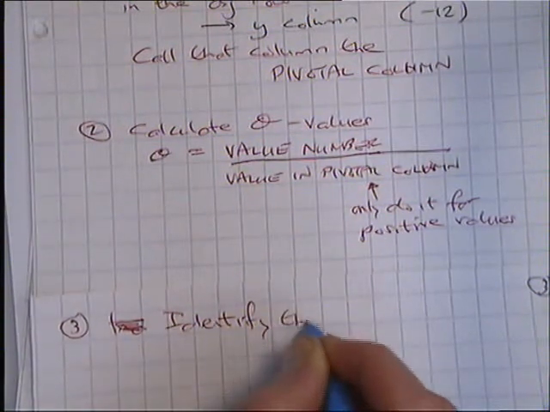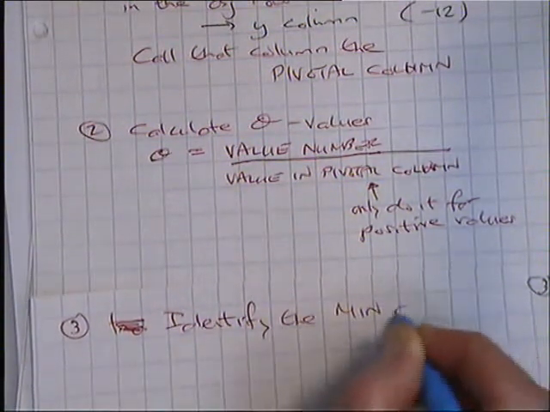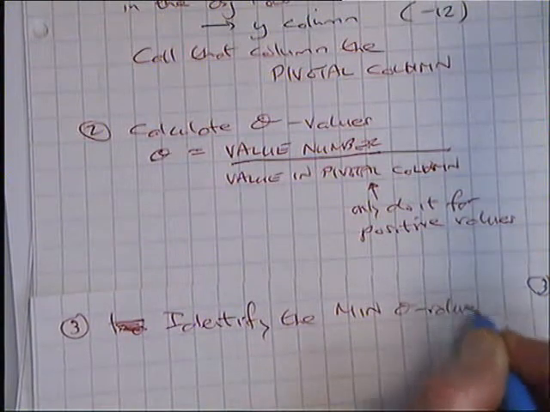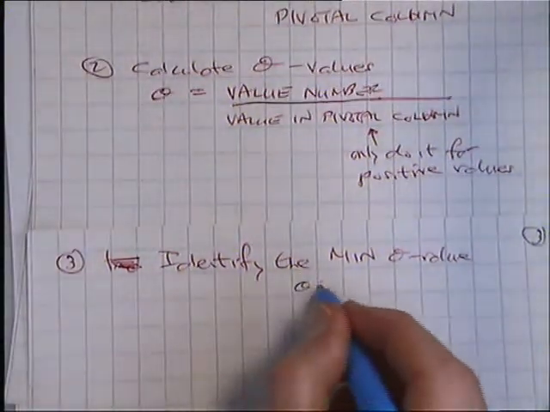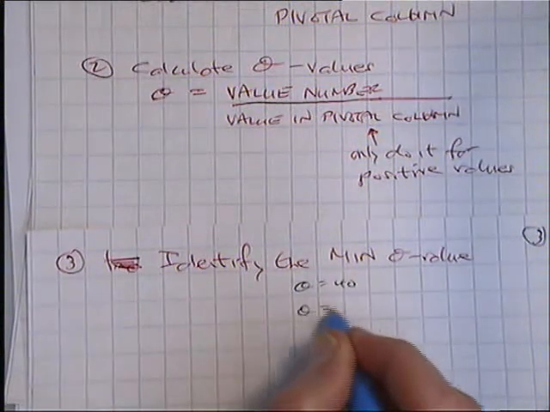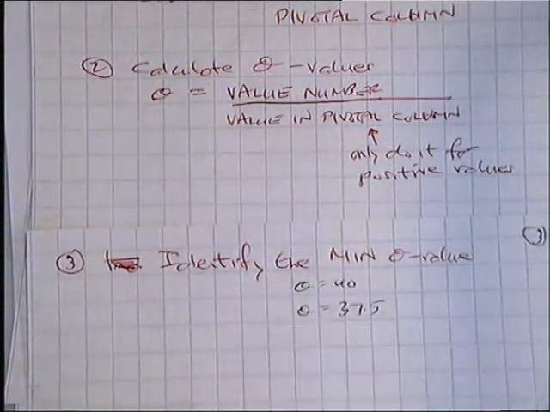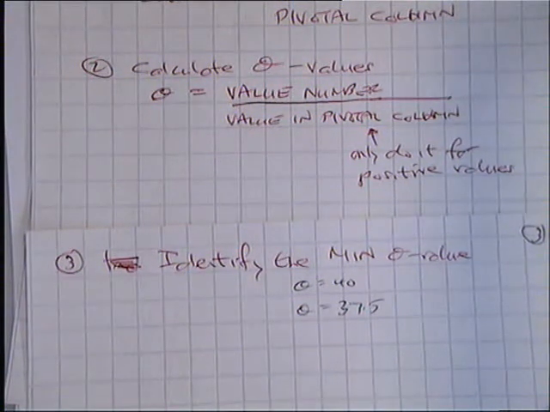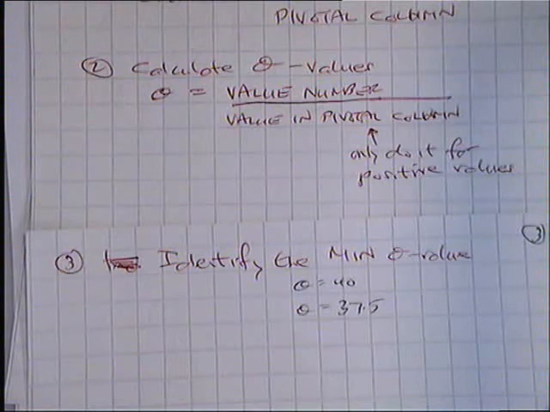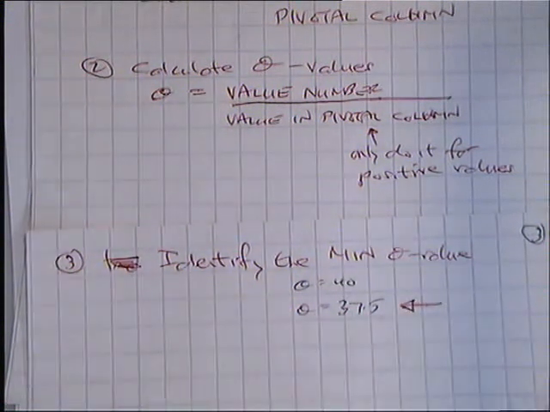So in our example a minute ago, we had a theta value of 40 and we had a theta value of 37.5, which is our minimum one, the smaller of those two. It really is easy. 37.5, yeah. Okay, that's the minimum one.